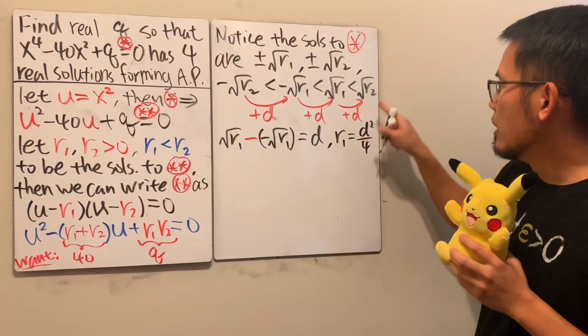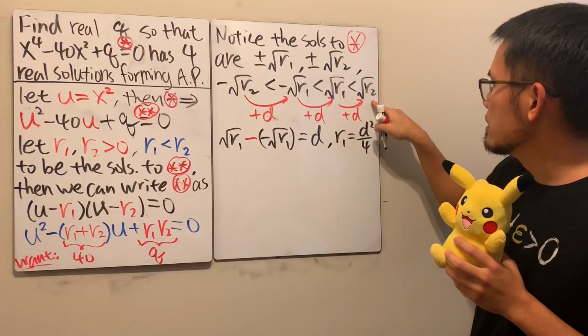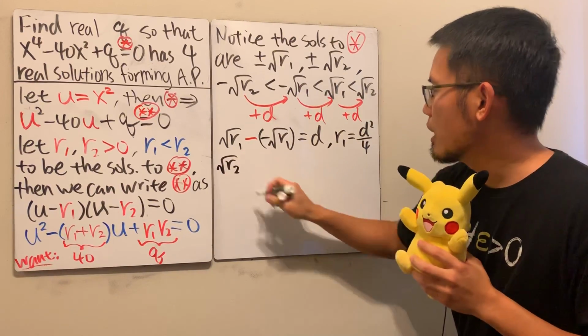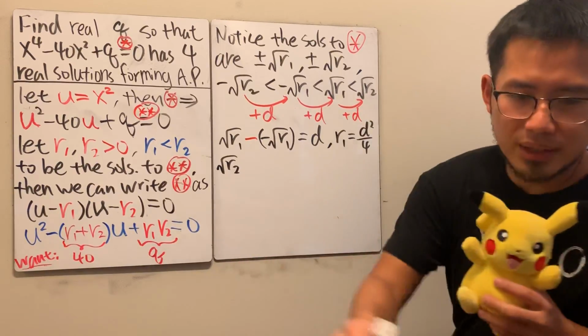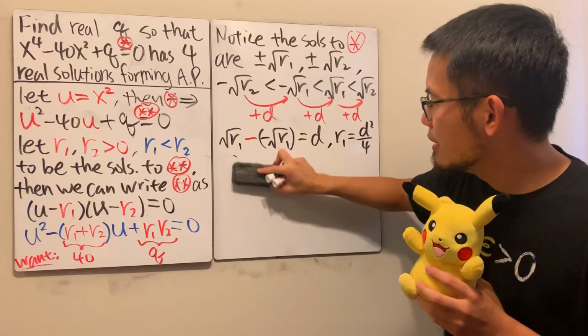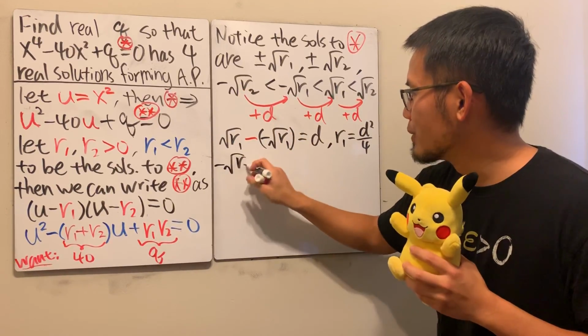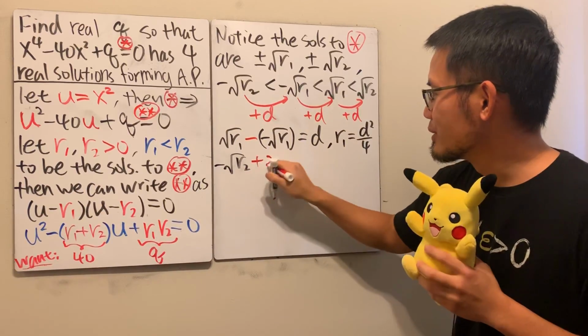And similarly, I can say, well, this right here is R2, right? Square root of R2. And how can I do that? Well, I can write it down like this. Let me start with negative square root of R2, and then let me just add a d 3 times, so plus 3d.